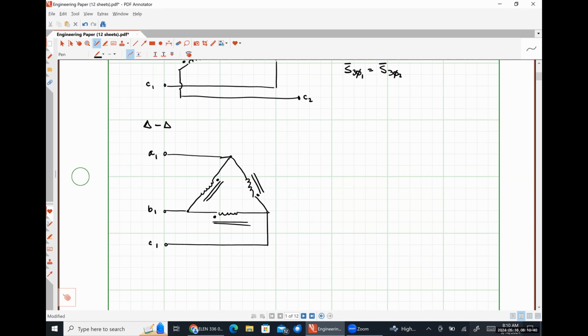So now I'm going to draw my secondary side. I'm going to draw my coils first and then kind of fill everything else in.